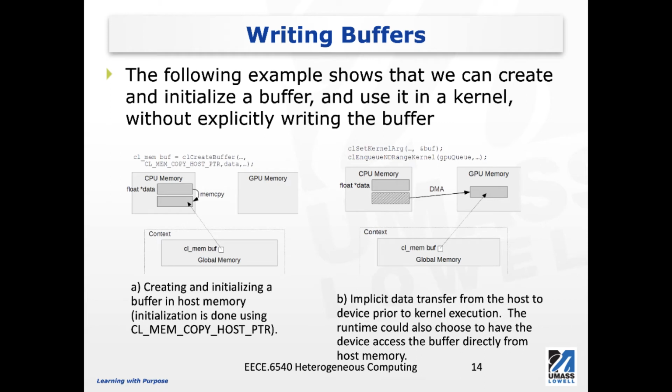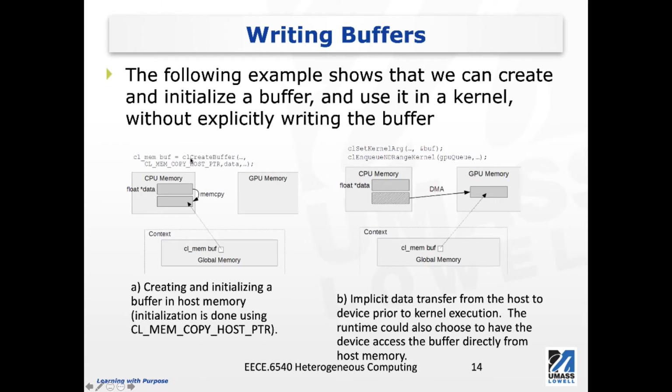The following example shows how we can create and initialize a buffer and then use it in a kernel without explicitly writing the buffer. This example is in fact what we saw at the beginning of this lecture, but we want to go over it again so that you can have a better understanding.